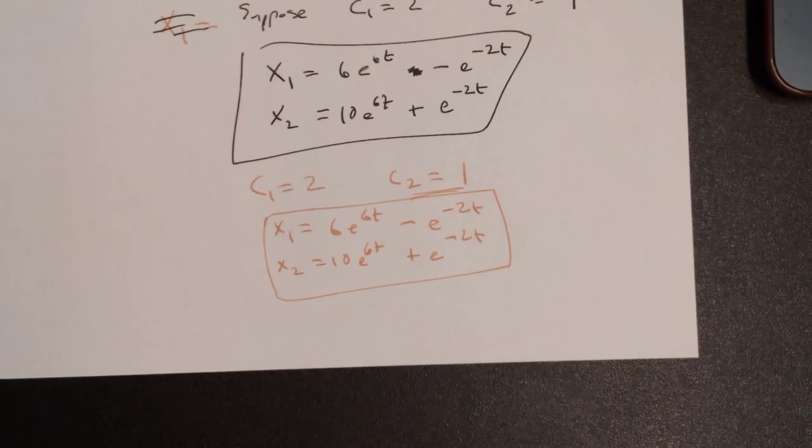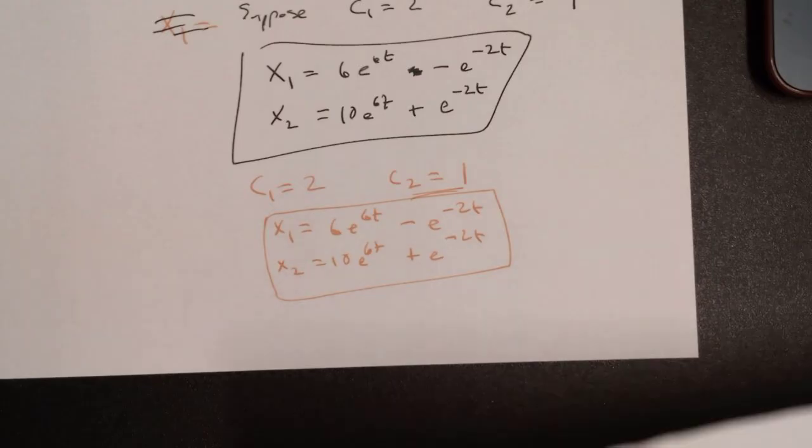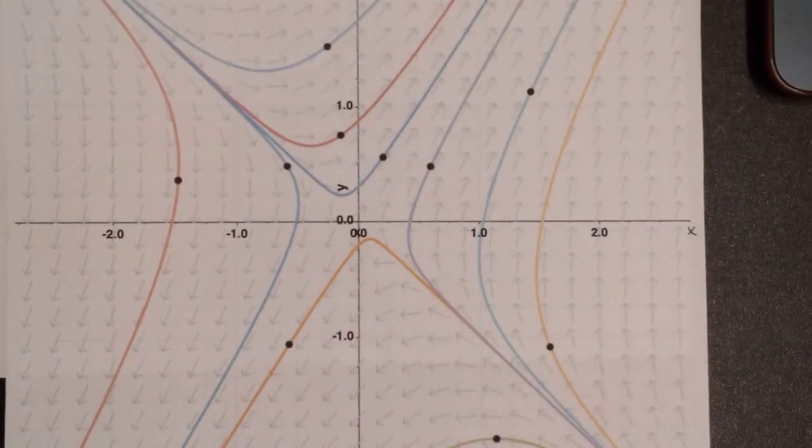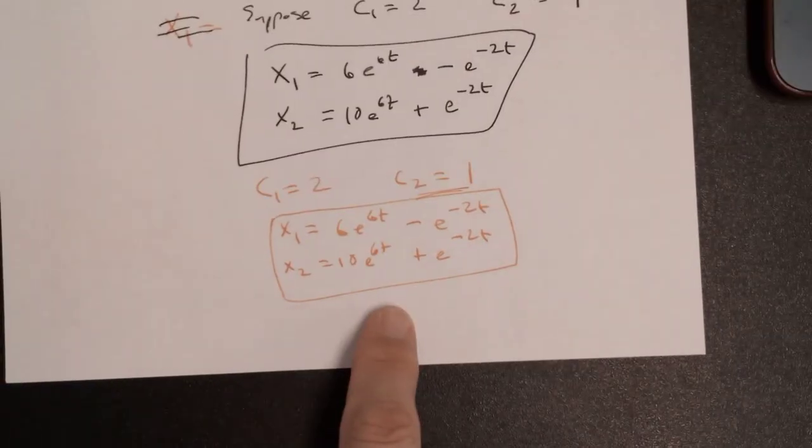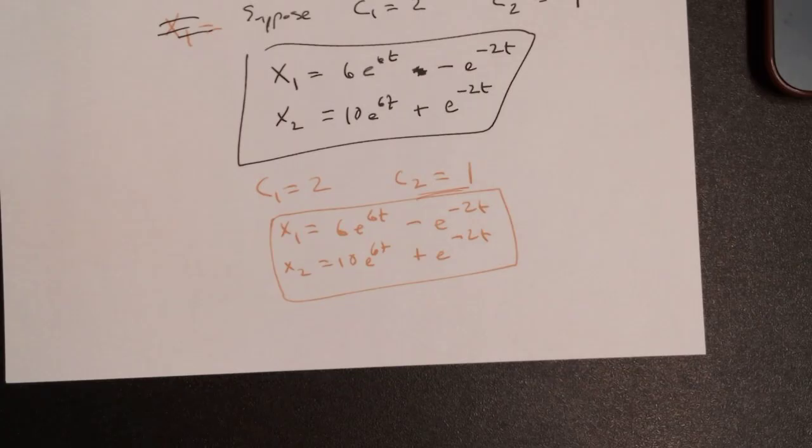Those two real roots gave me, now for different C1s and C2s, I'll get different pictures, right? I'll have different initial conditions, X and Y, and I'll be able to draw these curves. They're parametric equations. X in terms of T, Y in terms of T, those are parametric equations.